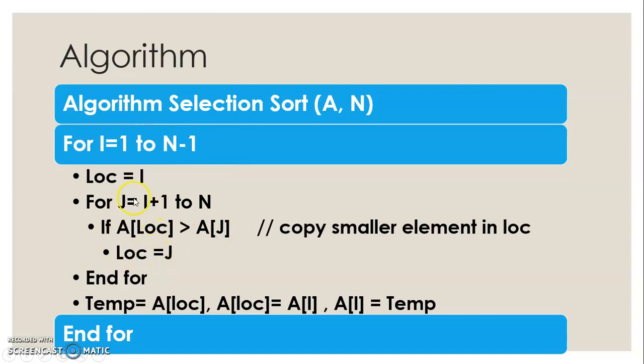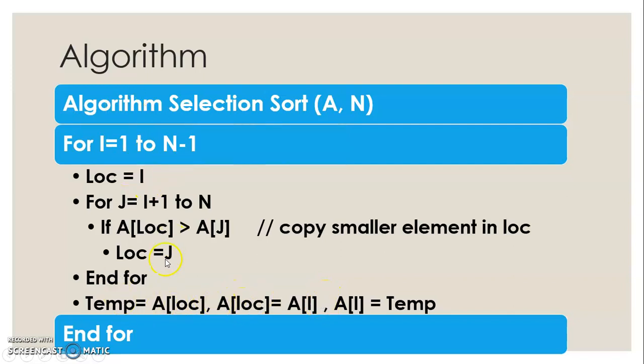So at the end of this j loop, we will find the location of the smallest element and store that in LOC. And after the end of this loop, we will swap the element at I with the element at LOC.